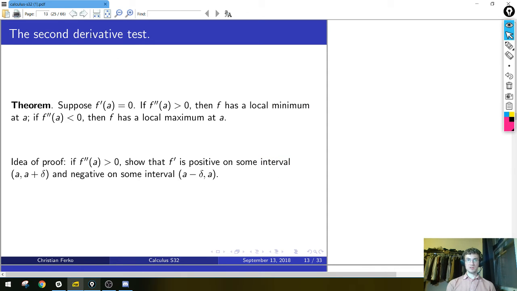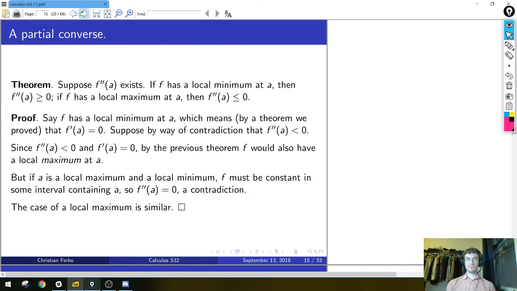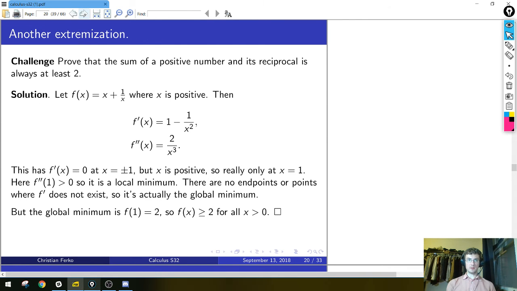So we've just today discovered the second derivative test that tells us whether a place where the first derivative vanishes is a max or a min. Right, so we could have used that, if you like, to take the second derivative of the function, which I call f and you called s, and find that that thing is positive at x equals 1.